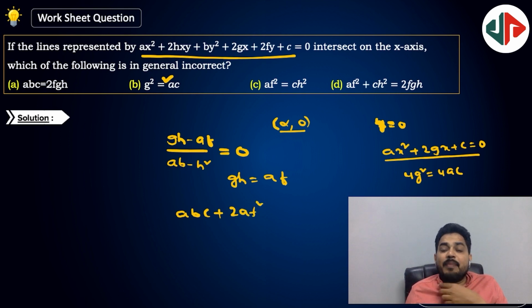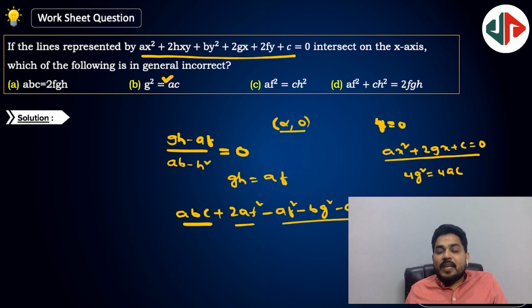Okay, ABC plus 2FGH minus AF square minus BG square minus CH square is equal to 0. So you can look at here what happened. So here AF square plus ABC and these values, readjusting the things.